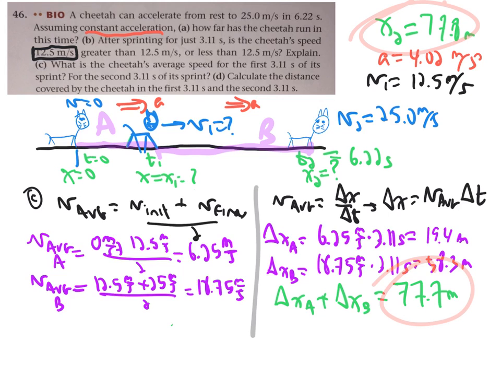And they don't agree because we overly rounded. I should have kept an extra digit in both cases, and then it would have rounded to the right amount. So that's just a little bit of a sig figs issue. But we find that, as we would hope, the distance doesn't matter how we break it down.